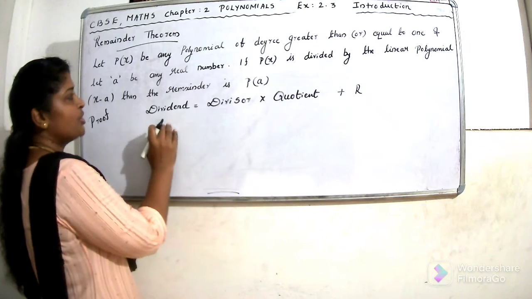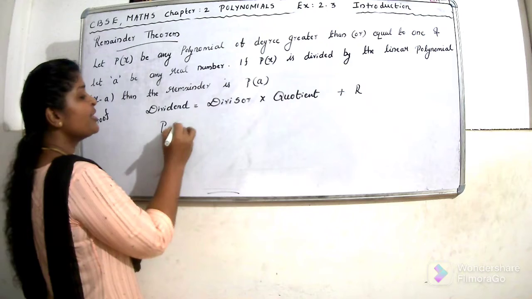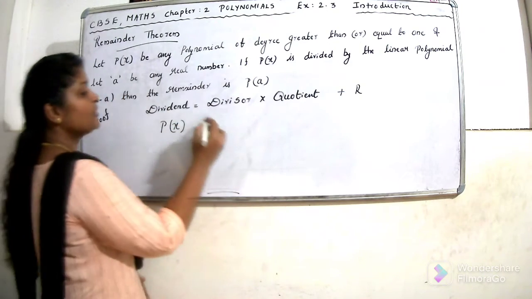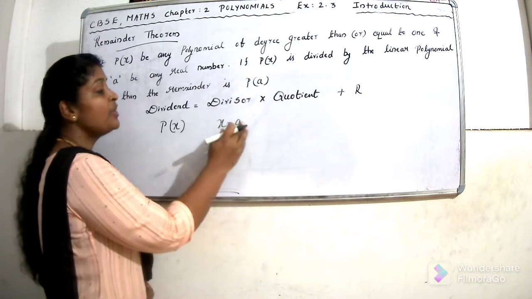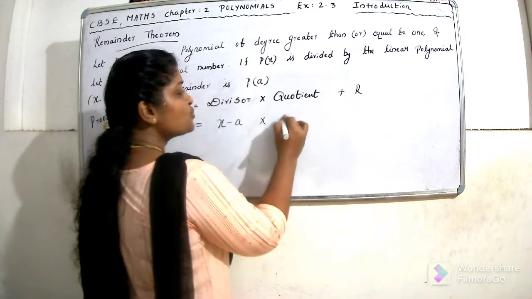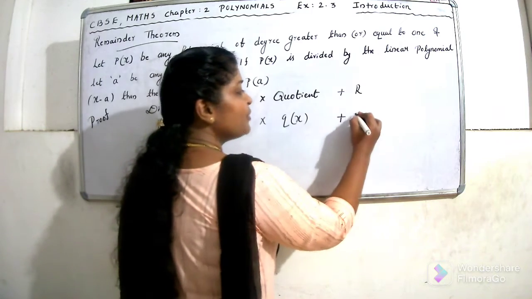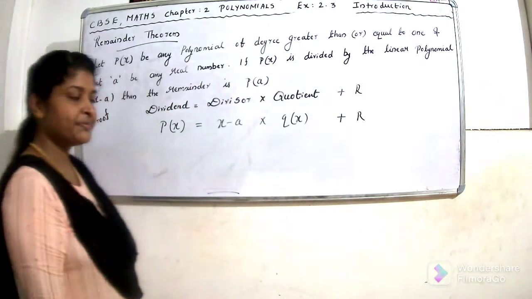Now we are substituting here. In general, we take the dividend as p of x, which is a polynomial. The divisor is x minus a, that is the general form, where x is the variable and a can be any real number. The quotient we do not know, so we consider it as q of x, and the remainder we do not know, so we take it as r.